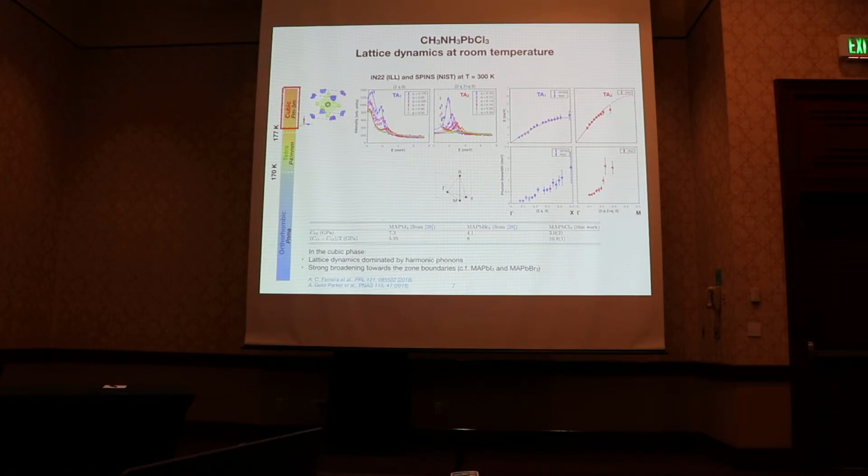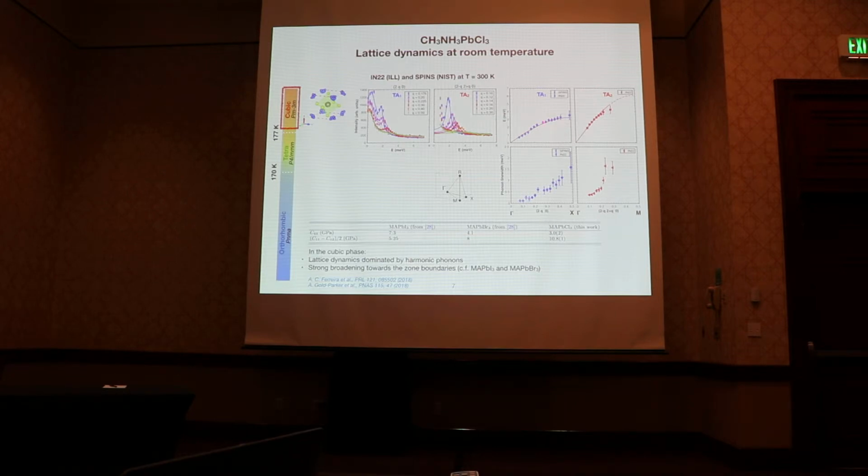What you can see on this constant Q scan is, first of all, a broad incoherent scattering that comes from the hydrogen cross-section. And on top of this background, you have well-defined phonon modes. By extracting the energy position of these modes for each Q position, you can get the dispersion for these two modes.